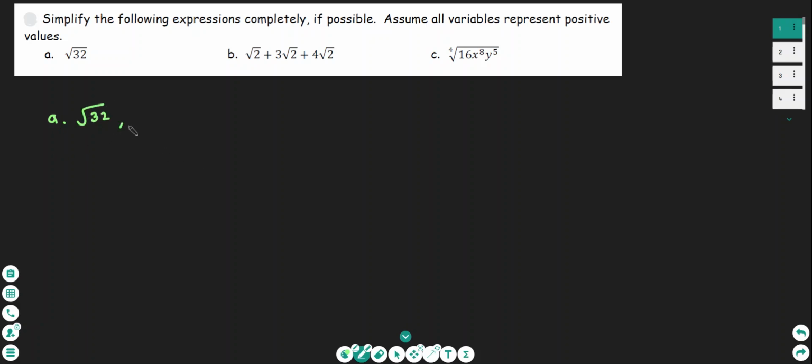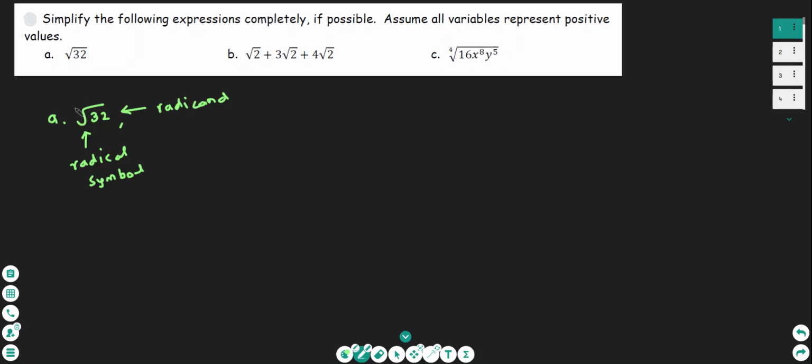And regarding the basics of this radical, we know that this is a radical symbol. This 32, we say it as a radicand, and the index.